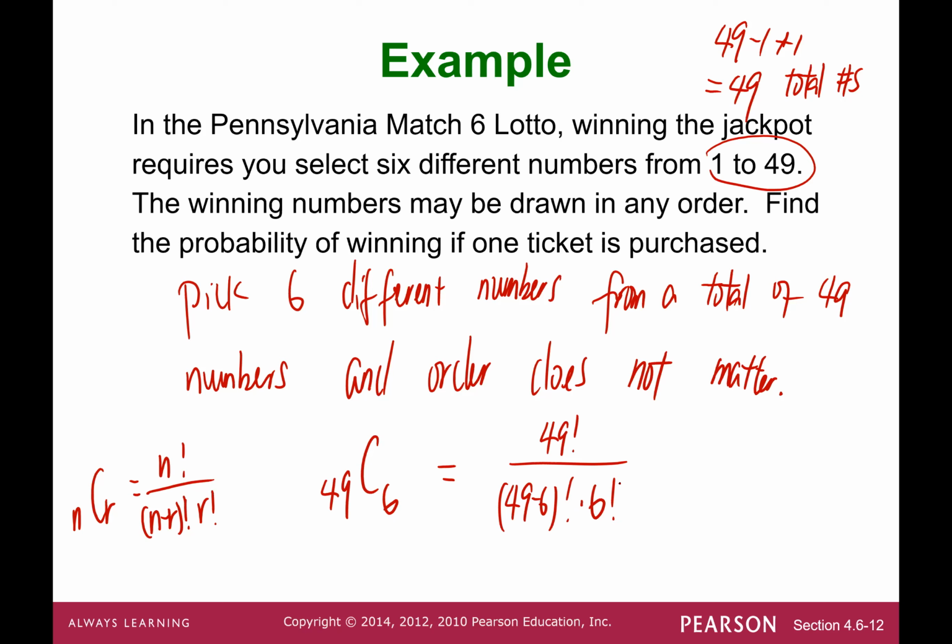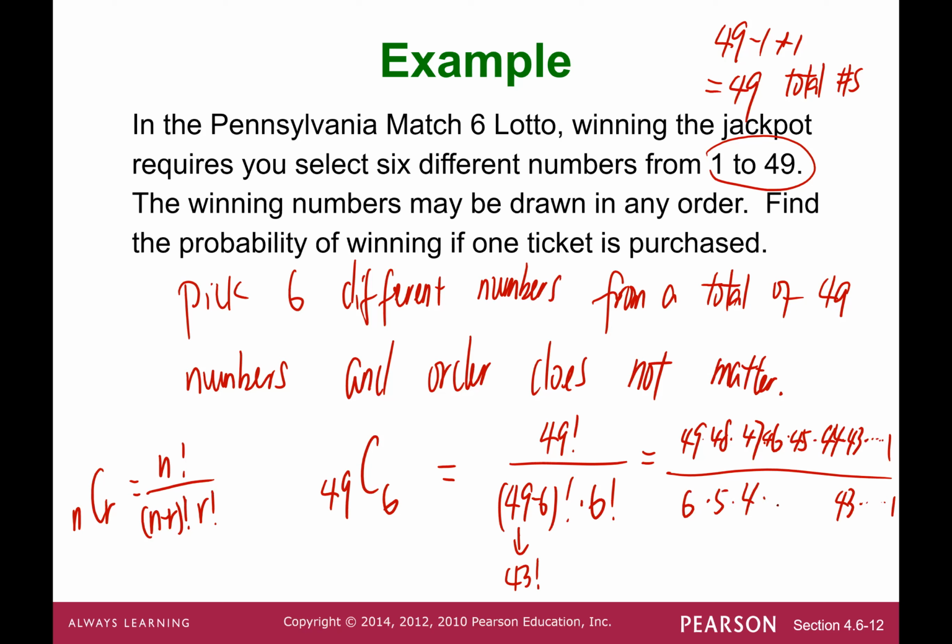And let's look at it. So 49 times 48 times 47 times 46 times 45 times 44, 43, all the way to 1. If you look at this one, this is 43 factorial, starting with 43 all the way to 1. We also have 6 factorial, 6 times 5 times 4 times 3 times 2 times 1.